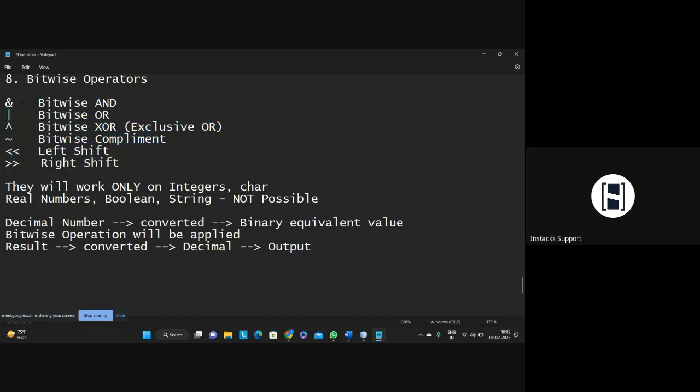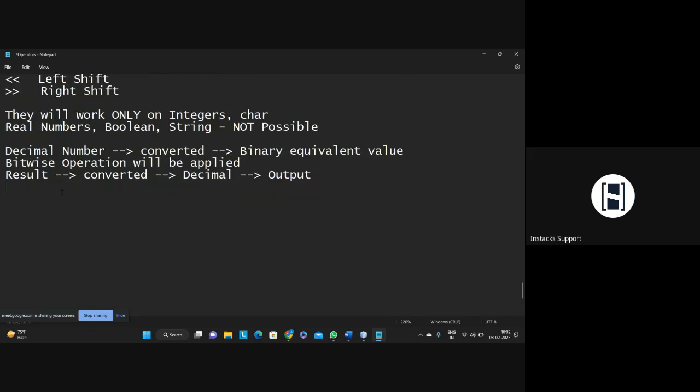Right. So now let us start with the first operator, and I am going to discuss the bitwise AND operator. How does the bitwise AND operator work? If both the bits are 1, then it is going to give the result as 1.